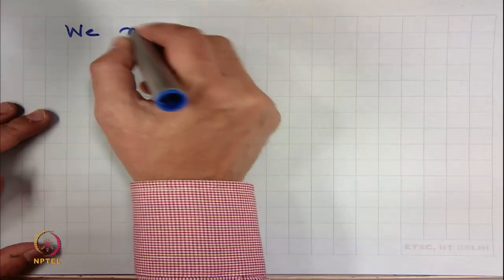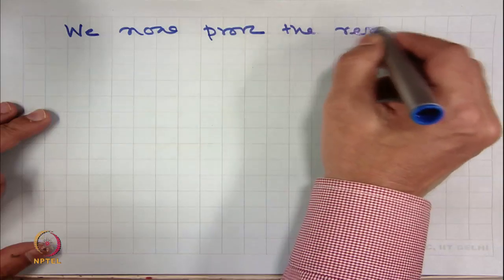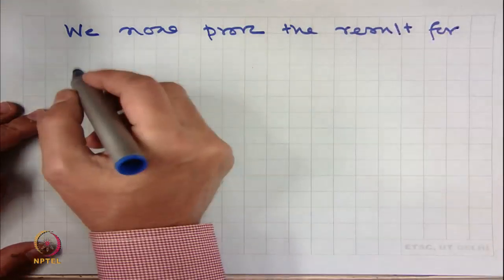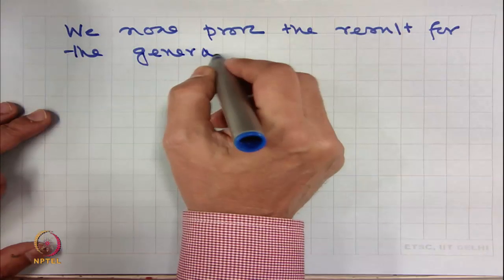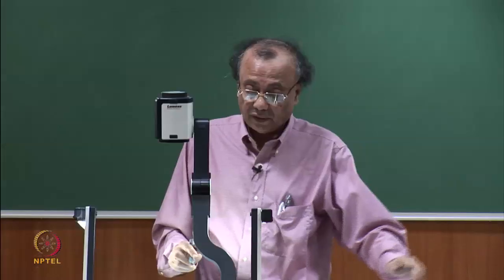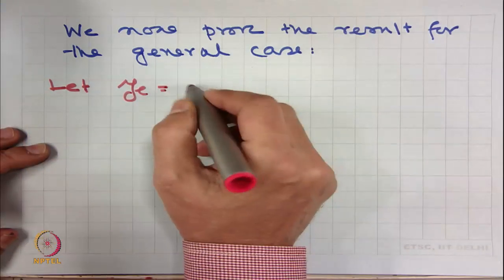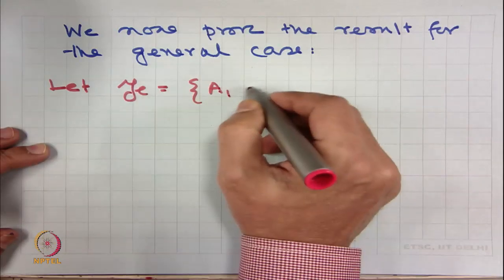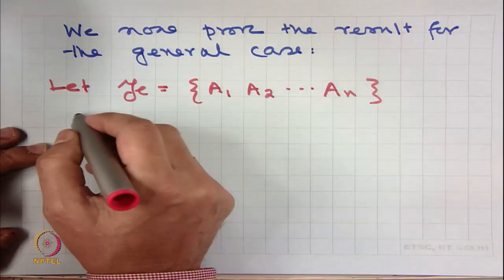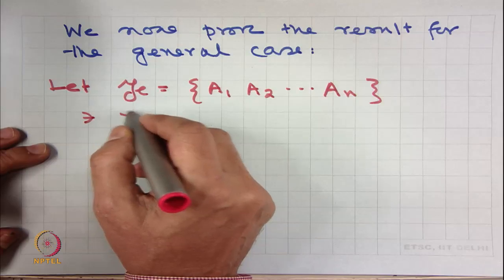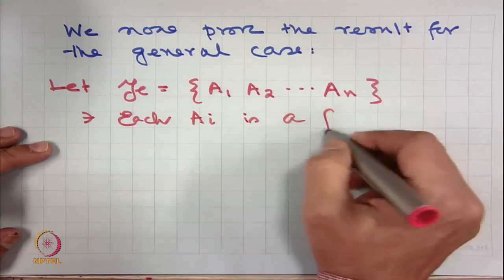We now prove the result for the general case. Let F equal to the set of subsets A1, A2, ..., An such that each Ai is a focal element.